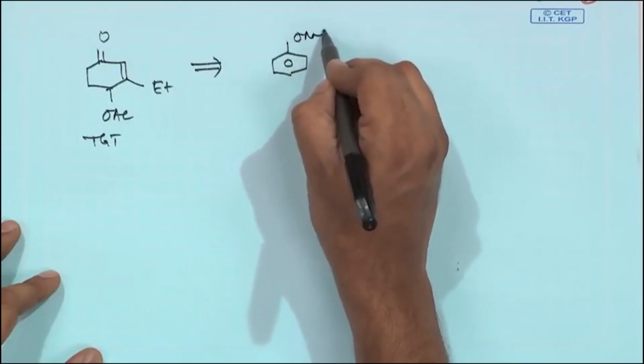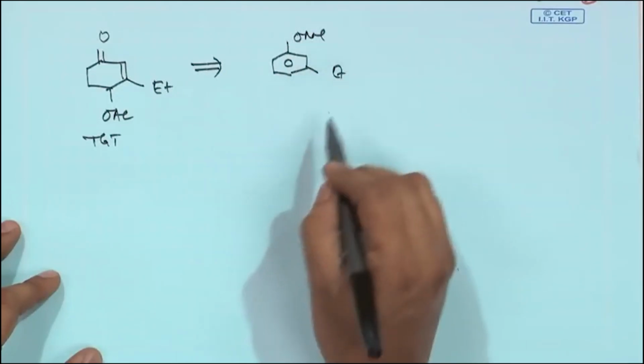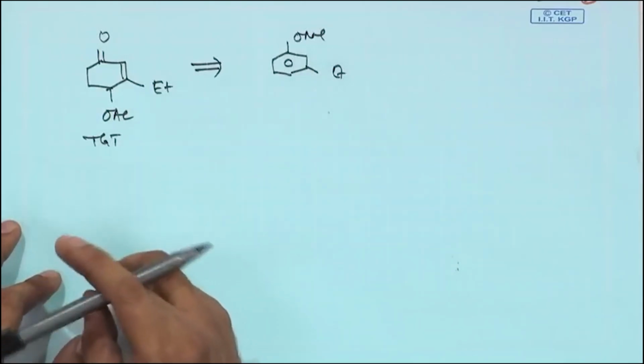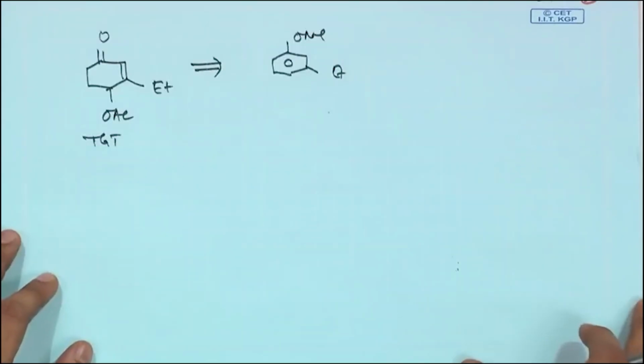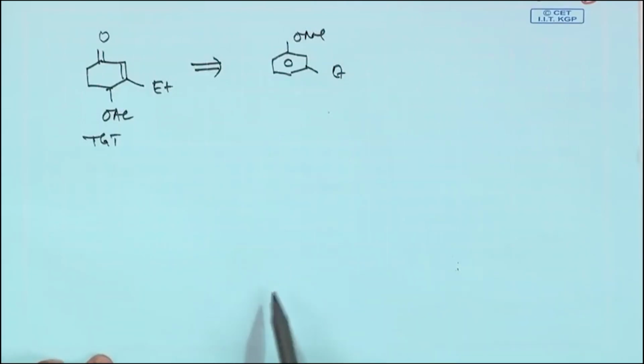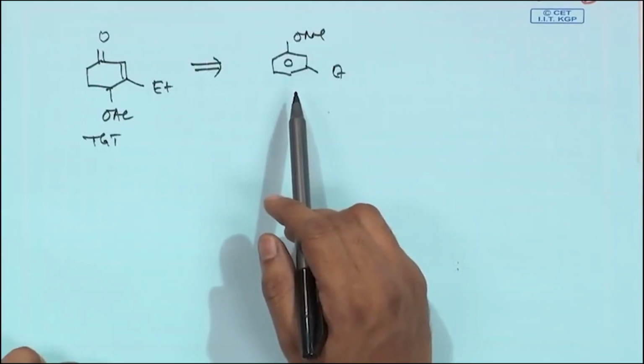You have an aromatic hydrocarbon, this 3-ethyl anisole or 3-ethyl methoxybenzene. So, this was the starting material which was given to you. Now, again, this gives you the possibility of an aromatic hydrocarbon as the cheap starting material.